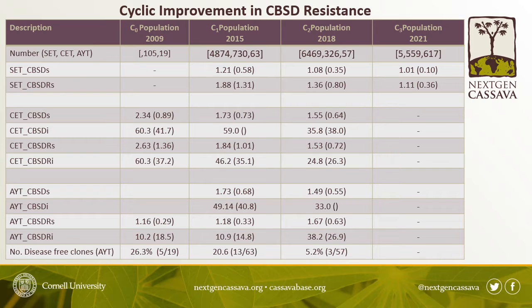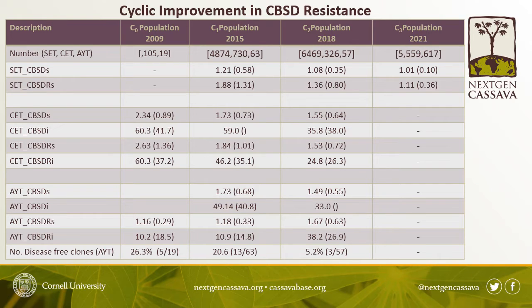You will notice, first of all, the number of individuals evaluated. In the C0 population we had 105 individuals evaluated at CET and 19 at AYT. In C1 we had 4,874 evaluated at SET, 730 at CET and 63 at AYT.